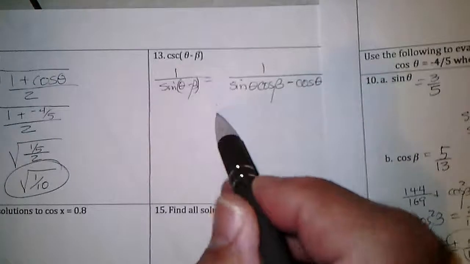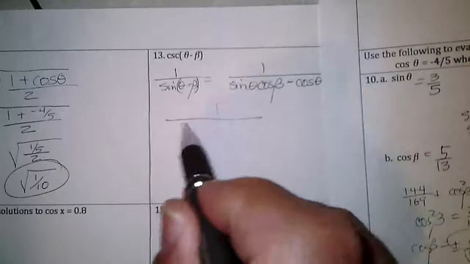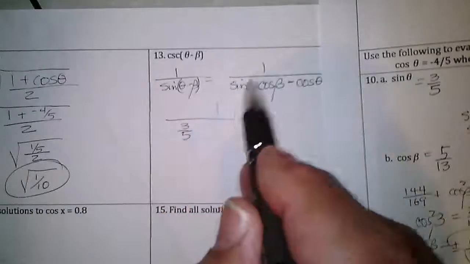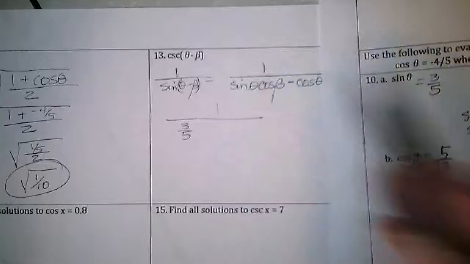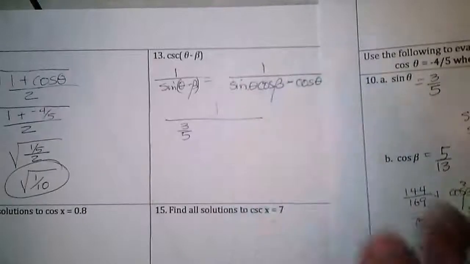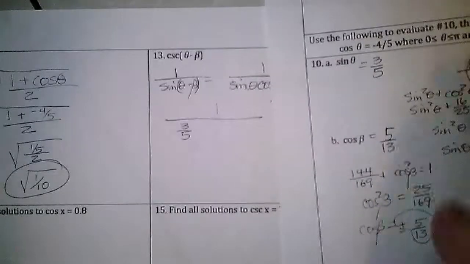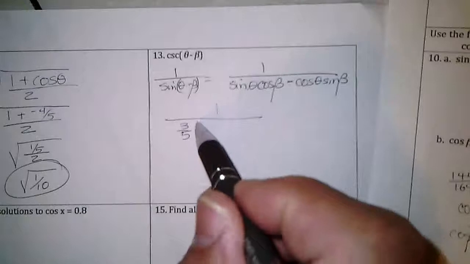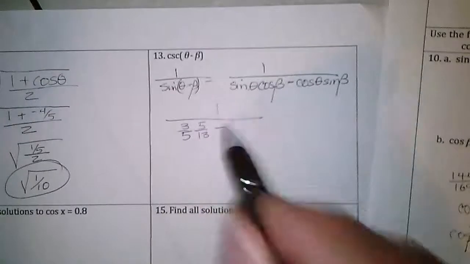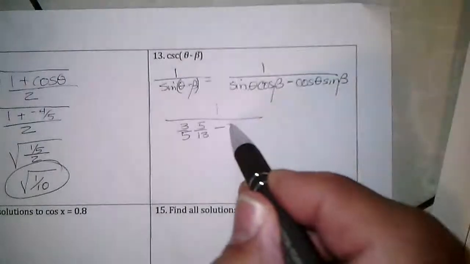So we have 1 over sine of theta is 3/5. Notice I'm not writing sine. The sine of the angle has a y-coordinate of 3/5. Cosine of beta, down here, was 5/13. And then we have minus. And the cosine of theta is negative 4/5.